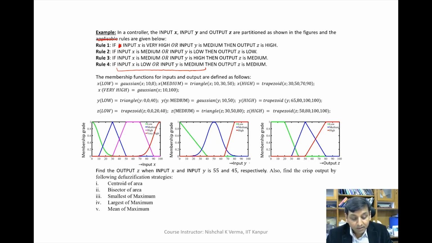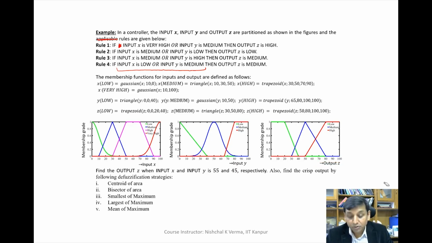Similarly, the input Y also is divided into multiple fuzzy regions. Here in this case, this is divided into three fuzzy regions, low, medium, high, and the output here is divided again into three regions, which is low, medium, and high.